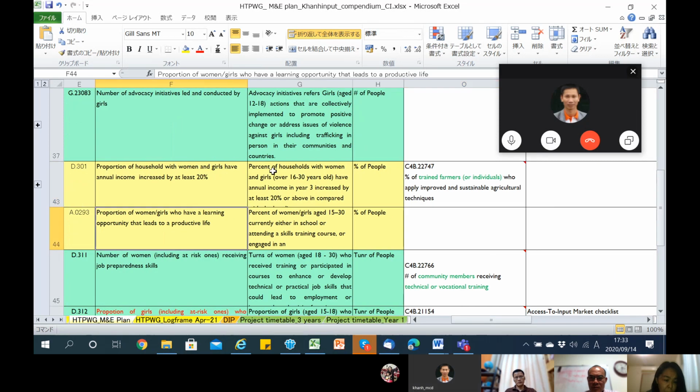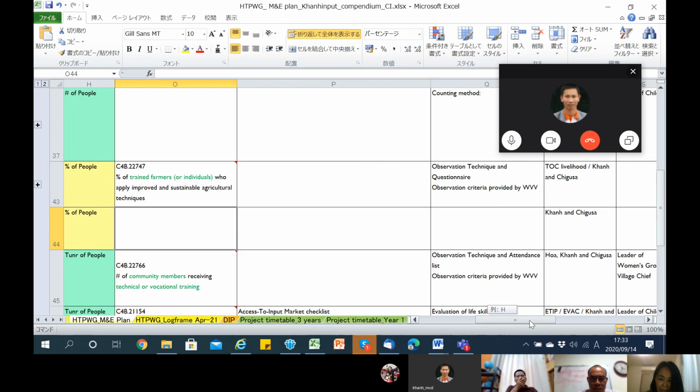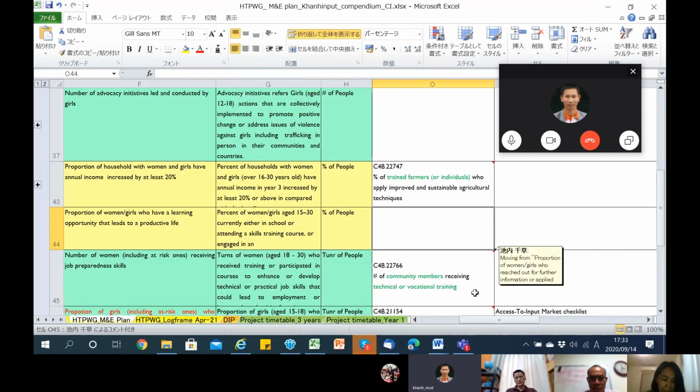And this one, the proportion of women and girls who have a learning opportunity that leads to a productive life. This is a tough one, and I don't think we have a compendium indicator. What is a productive life?